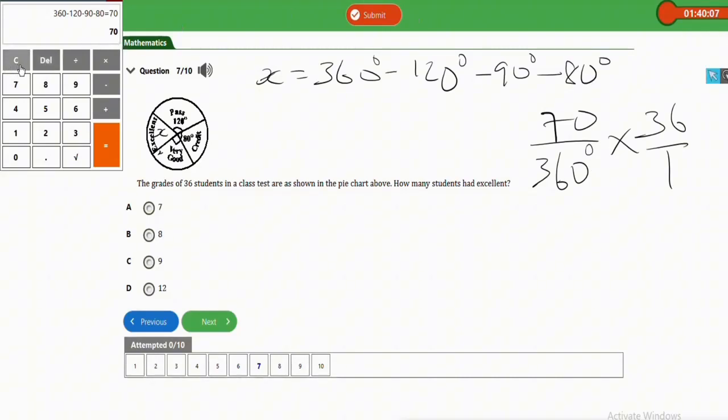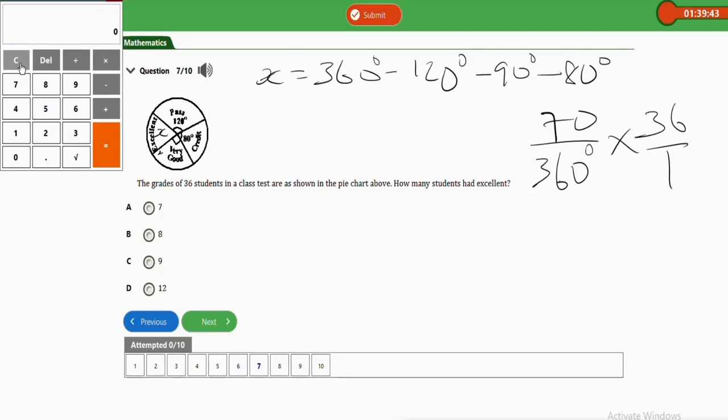That will give us how many students that had excellence. So it will be 70 times 36, divide this by 360. Okay, so we have it was 7. So 7 students had excellence. It's as simple as this.